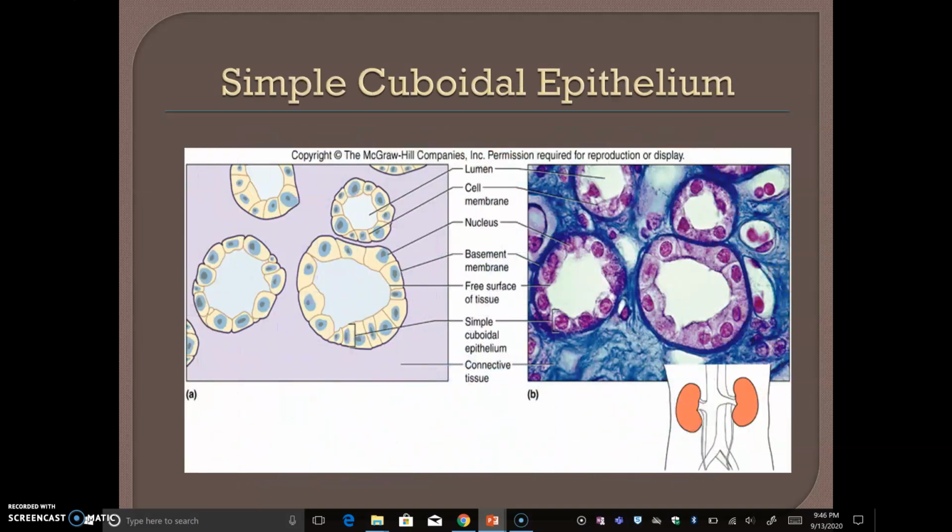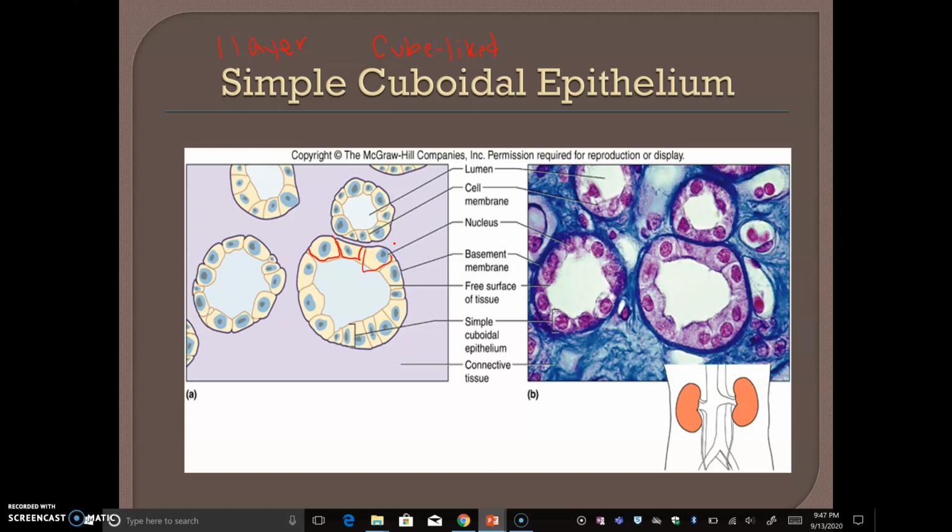Our next type of epithelial tissue is going to be simple cuboidal epithelial. Again, this is 1 layer, and cuboidal means cube-like. If we look at these cells, we can see that we have a singular layer here, and each cell kind of looks like a square.